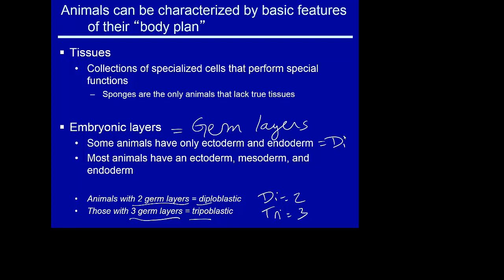If you remember back to development, ectoderm forms the outer layers, so our skin and our nervous tissue. The endoderm forms our critical organs on the inside. The mesoderm actually is going to give us muscle structure and bones. So if you have an organism that is lacking a mesoderm, like our diploblasts, you can think about them as lacking some of these advanced muscular and bone structures.